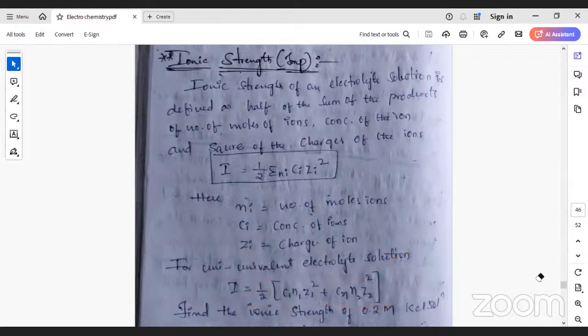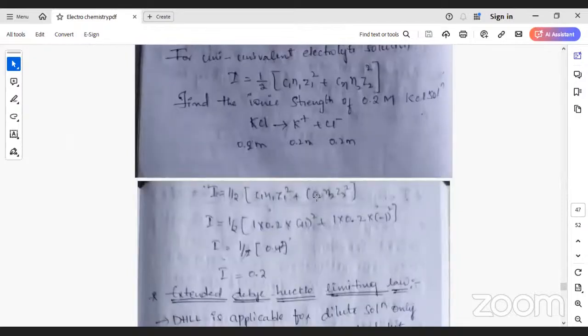So we'll do one problem and get the solution using this concept of ionic strength.